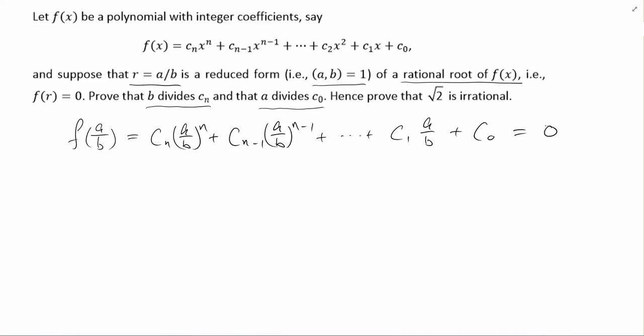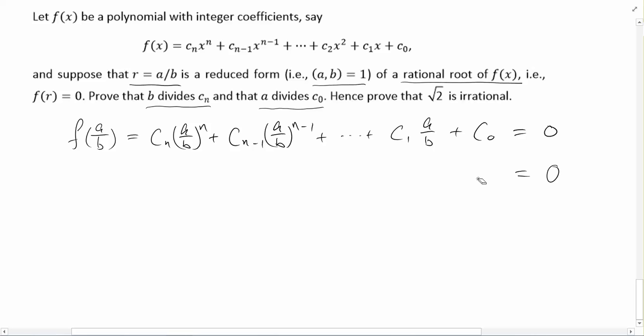Now you may try to multiply b to the power n to both sides of this equation. When you multiply b to the power n to 0, we still have 0 on the right hand side. And how about the left hand side?